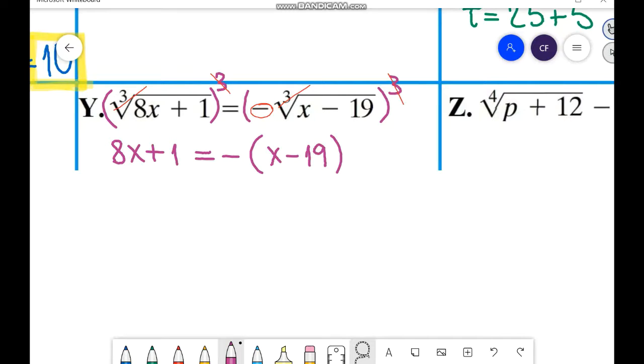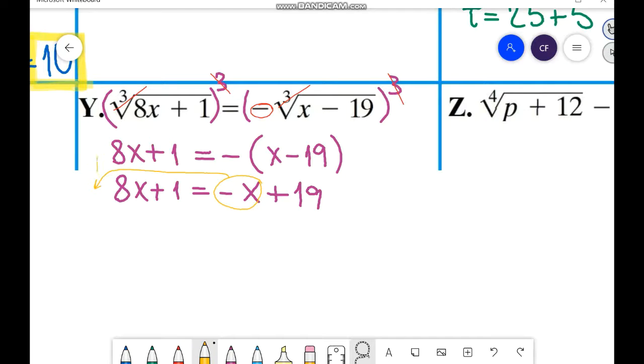Don't forget this negative that is in front of the two terms. That means 8x plus 1 equals negative x plus 19. Move this negative x to the left-hand side, it becomes a positive.